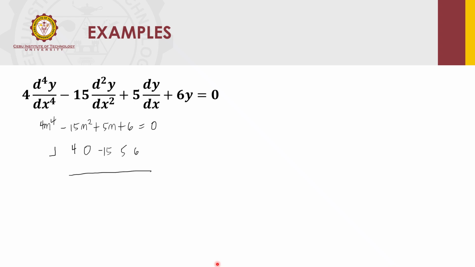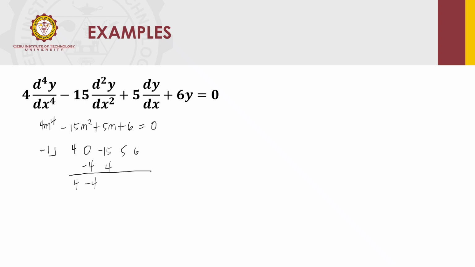So let's start, for example, with negative 1. Copy the first number, multiply it by the assumed number, negative 1, so it's negative 4. Then get the sum of 0 and negative 4, so it's negative 4, multiplied by negative 1, that's positive 4, and repeat the process until you reach the last column.